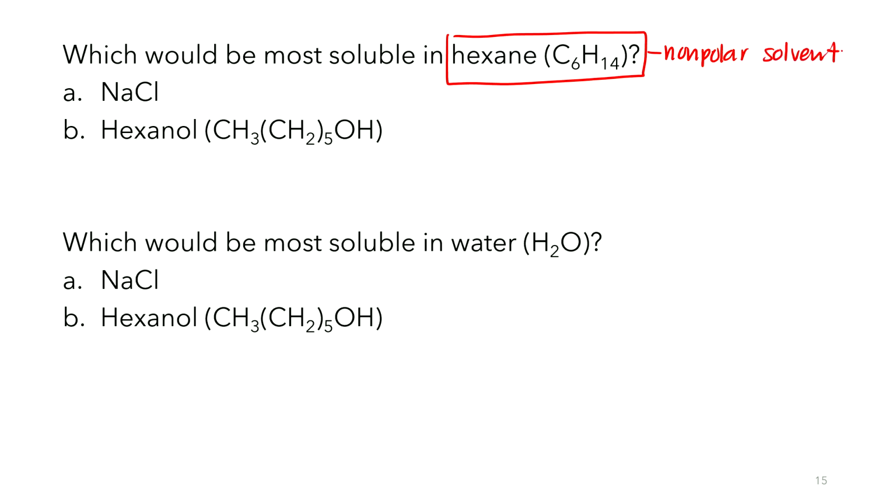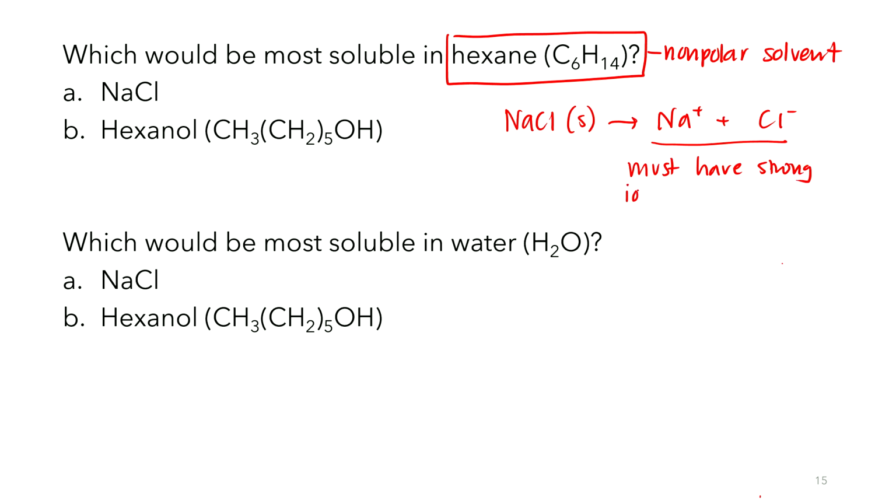For a salt to dissolve, for NaCl to go to Na plus and Cl minus, these ions must have strong ion-solvent interactions. That's got to be ion-dipole. That's really what I'm saying, right? Hexanes don't have a dipole.